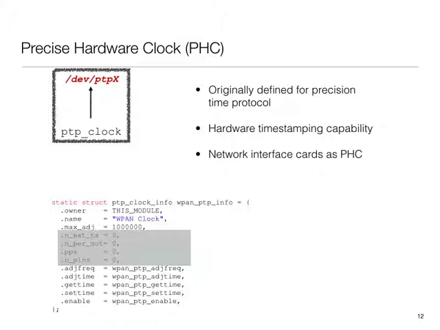These are the pin functionalities this PTP clock has. If you remove all of this which I've highlighted, then it would be the same as the POSIX clock interface. And if you insert these functionalities along with the POSIX one, then it becomes the PTP clock.